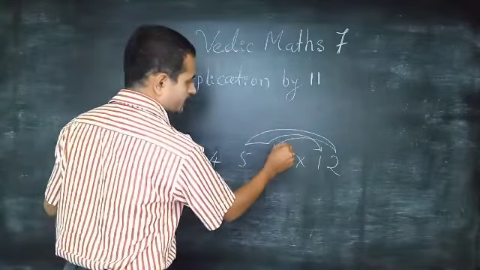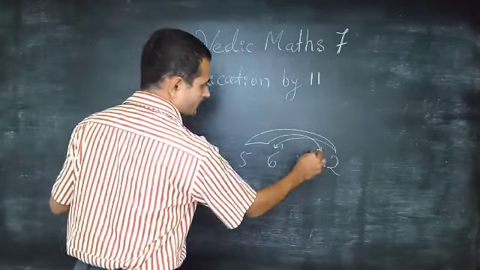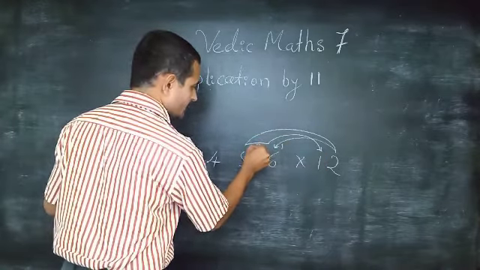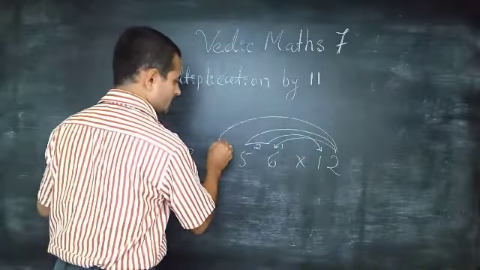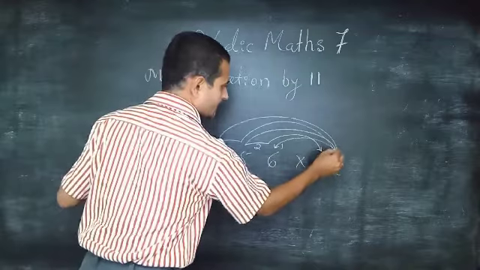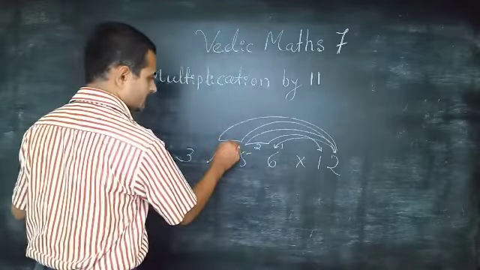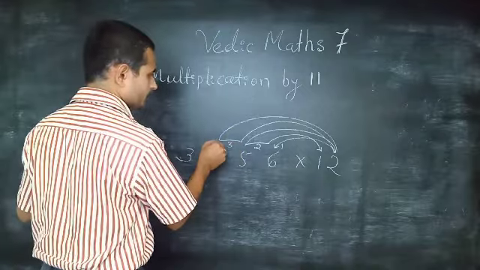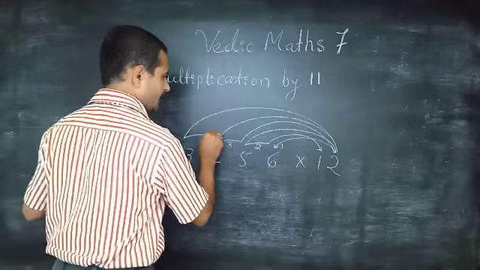This is the first step. Right here only, this is the second step. I went to this and I multiplied and did this. This is step number 3. I multiplied this until the end.